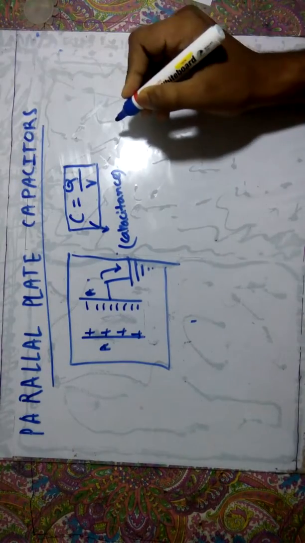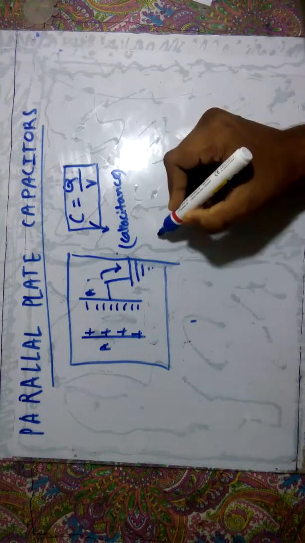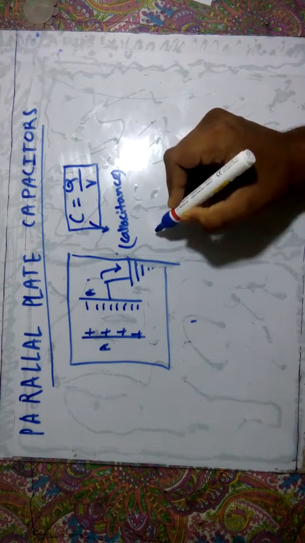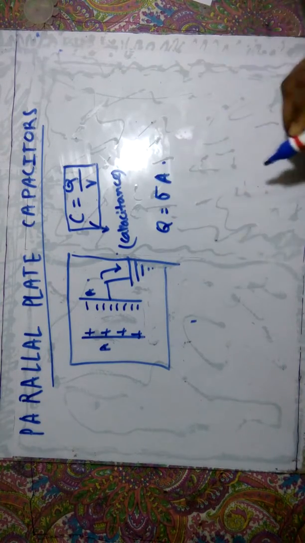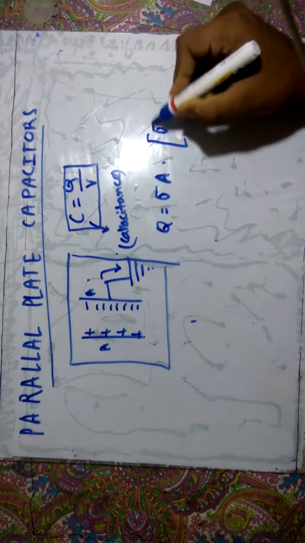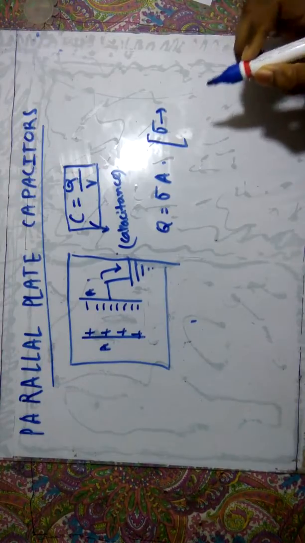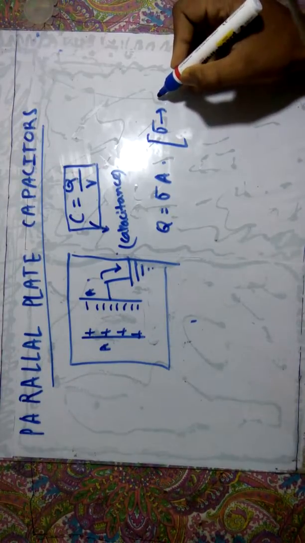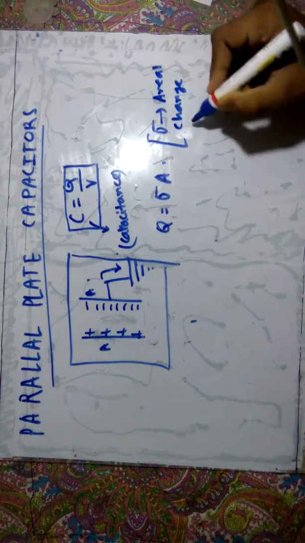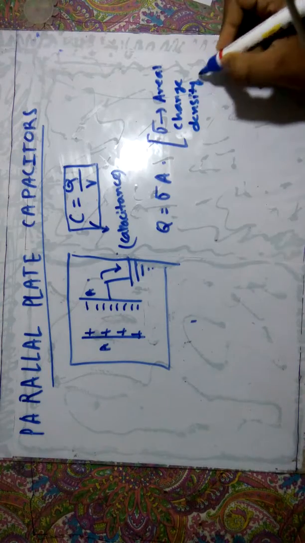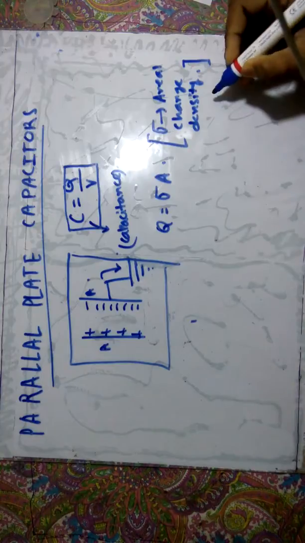Q equals sigma A. Sigma is the areal charge density, that means there is sigma charge in each unit area.